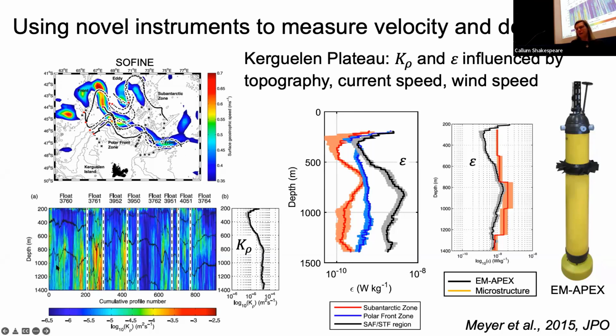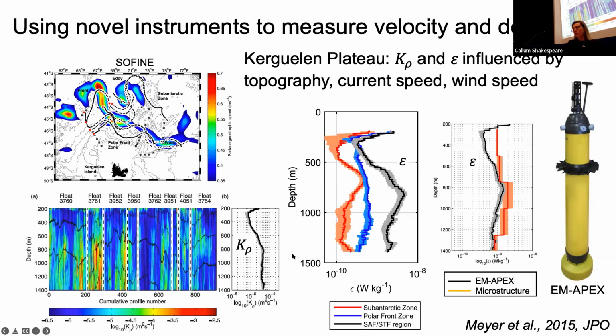She characterised the diapycnal diffusivity and dissipation from the floats, and this is a compilation of the 8 floats side by side, showing many orders of magnitude variations in diffusivity and strong vertical structure.